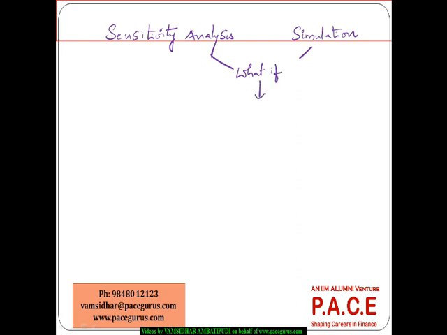Change the input, see how the output varies, looking at the robustness of the model. If the inputs are changed slightly, the output also should change slightly. By what extent the output is changing, the drastic change in the output with respect to the changes in the input, is what comes out through the sensitivity analysis.